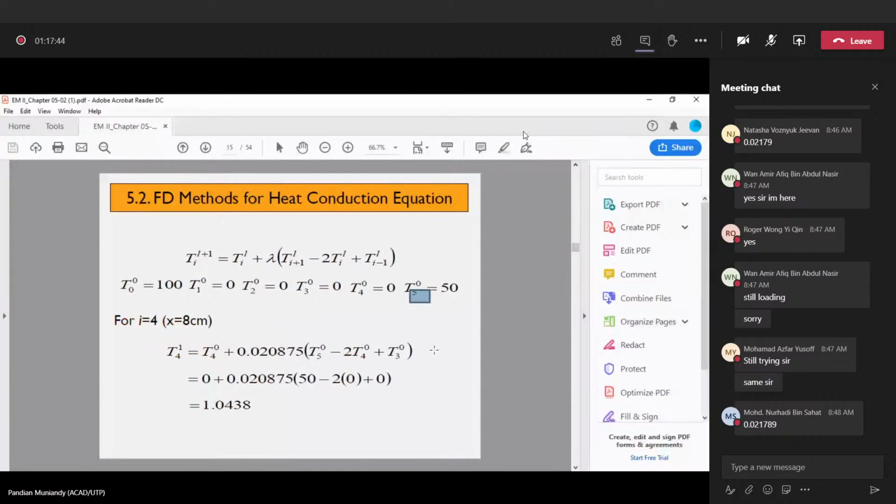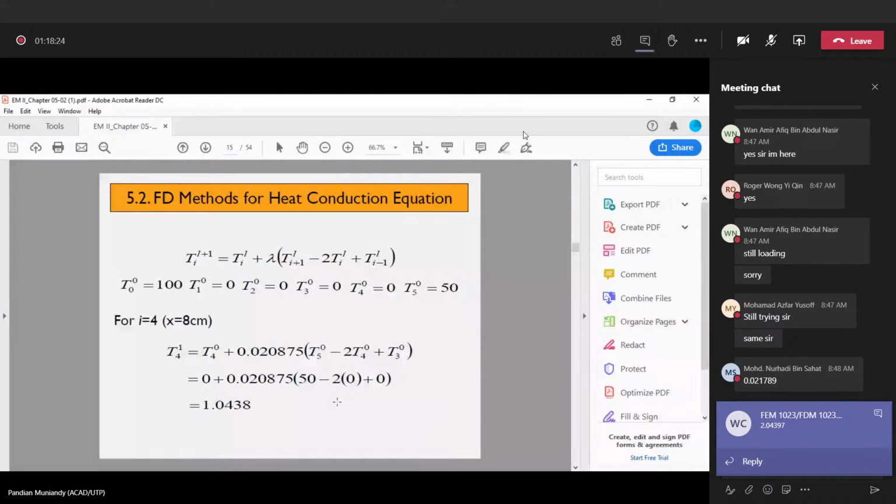You see T05 and T15 are also 50 because this is at x5, sorry, at x10 cm, the temperature is 50. So now you calculate: 1.0438 plus 0.020875 in the bracket 50 minus 2 multiplied by 1.0438, plus 0. So what is the answer? This is the temperature at T4.